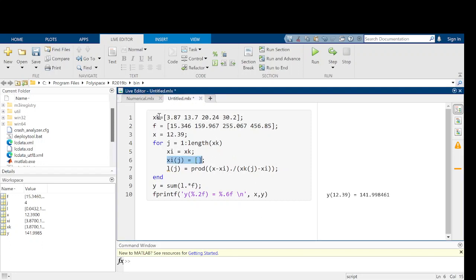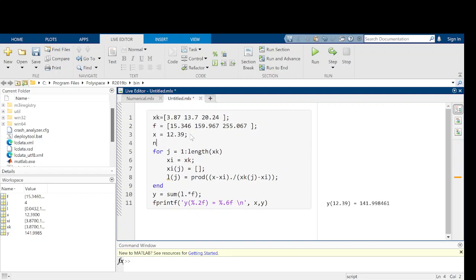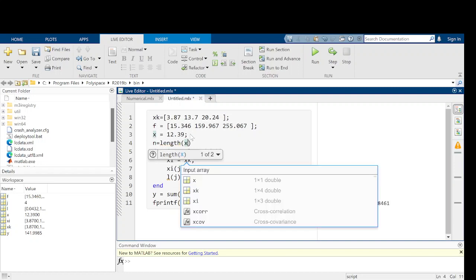So we have the data entry here, first line, the second line. There were 3 points. Then we write n, which is equal to the length of xk.